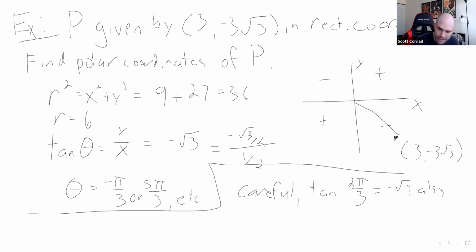But 2 pi over 3 is not the angle here, because that lies in this region up here. And we already established that our point is down here.